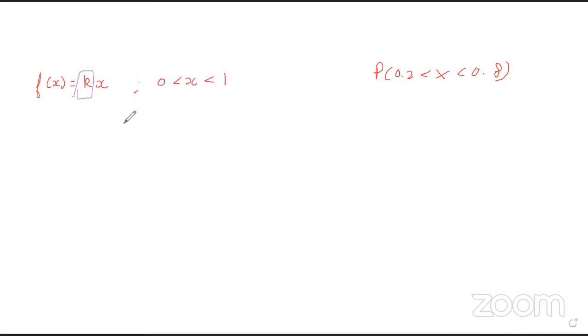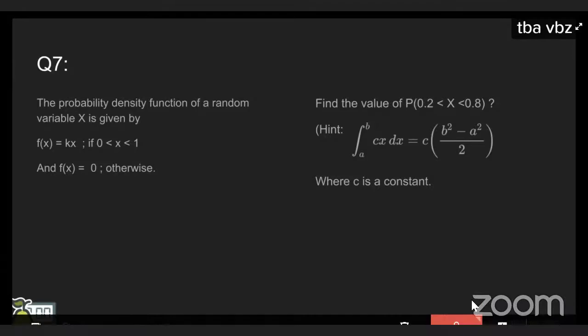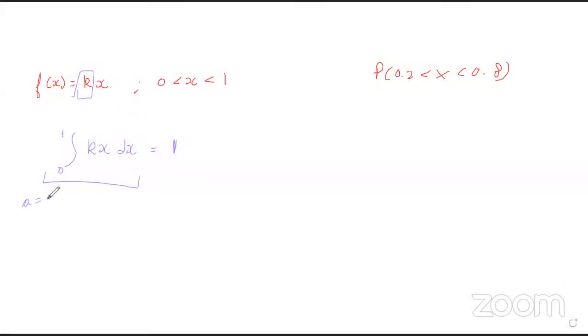To find this, your complete area from 0 to 1 of k times x should be equal to 1, and you know this formula, it is given to you also. The integral from a to b of c x dx is equal to c times (b square minus a square) divided by 2. Here a is 0, b is 1, and c is k.